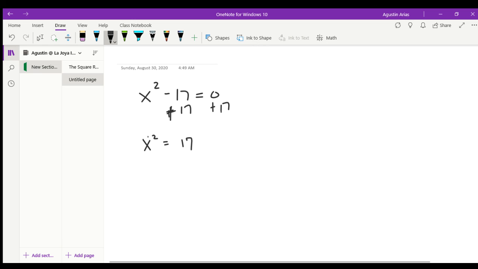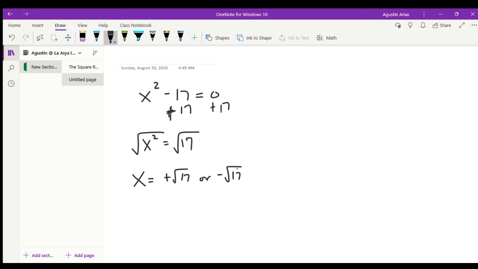Since there is no b term, x squared is by itself, I can take the square root of both sides. So x equals the positive square root of 17 or the negative square root of 17. The square root of 17 is some kind of decimal, we don't know, so we'll just leave it as that. So it's plus or minus.